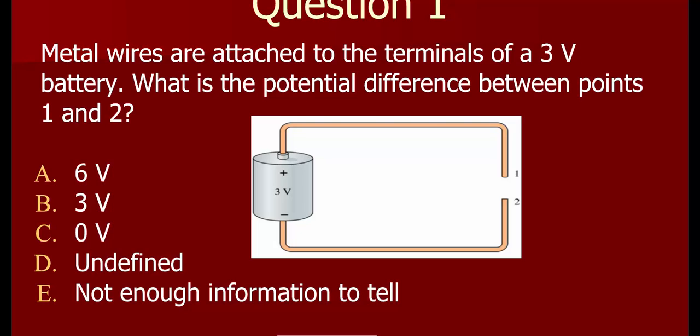Okay, so here we have some metal wires that are attached to the terminals of a 3-volt battery. What's the potential difference between points 1 and 2? Potential difference is also known as what?